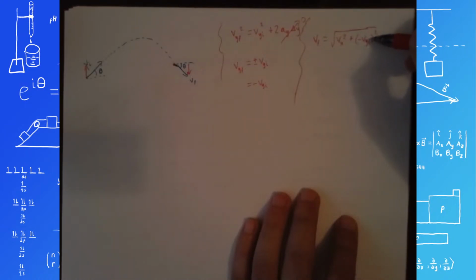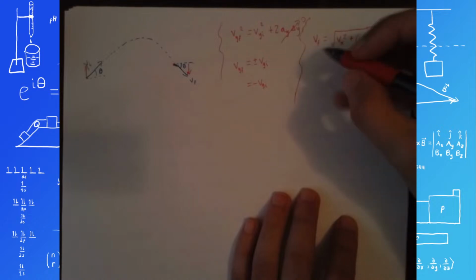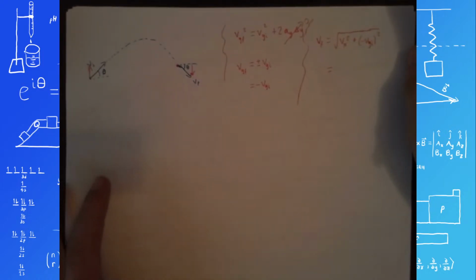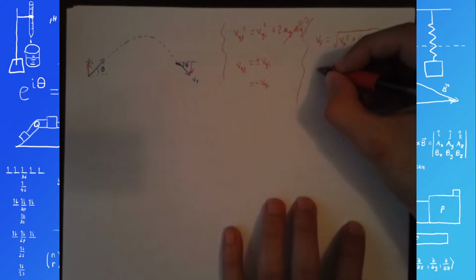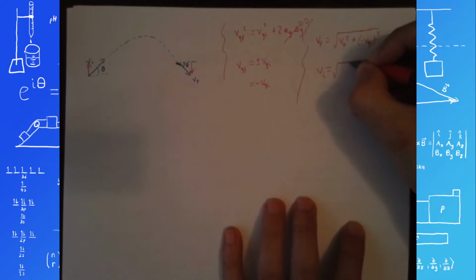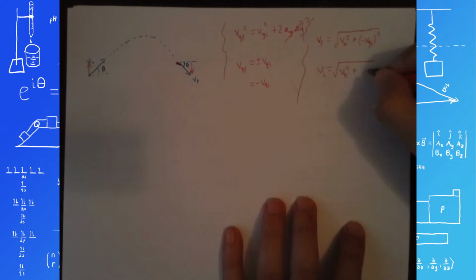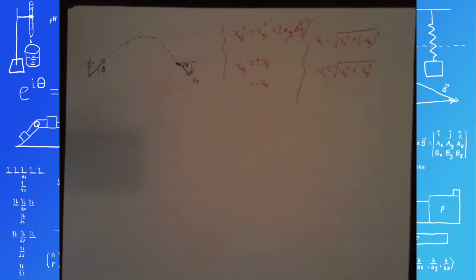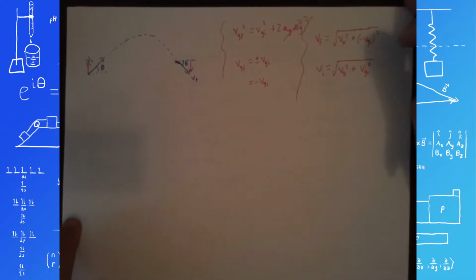And this is equal to V initial, which was just the square root of Vx squared plus the positive Vy initial squared. So yes, V initial and V final, in terms of magnitude, are equal.